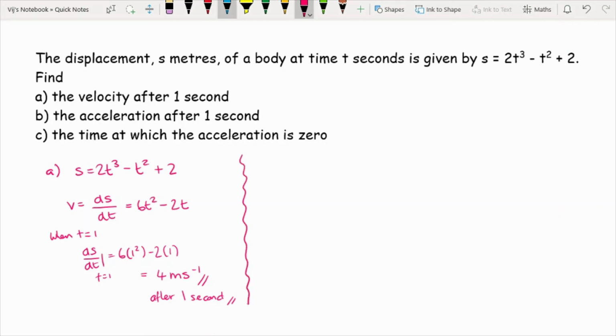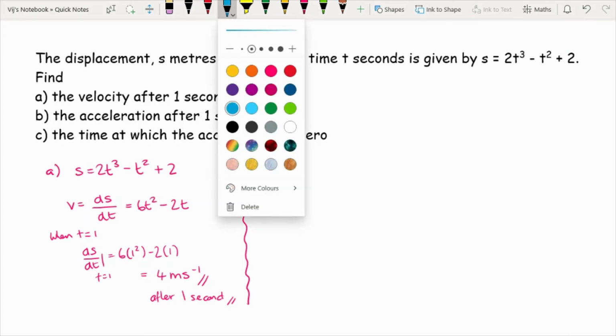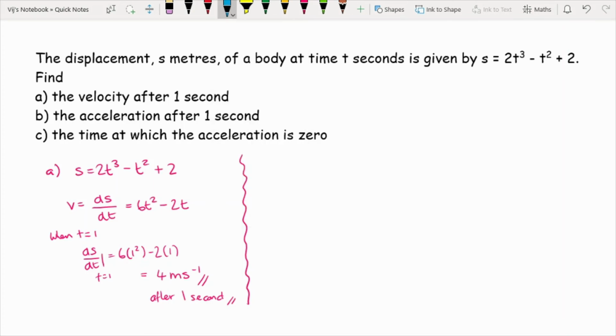Then moving on to part B. In terms of all the formulas, if you refer back to earlier in the video, I gave you a little description about what all the formulas are going to be. So for B, the acceleration is equal to dv over dt. Our v formula is v equals 6t squared minus 2t, and that is what I'm going to be using, because I need a formula involving v in terms of t.